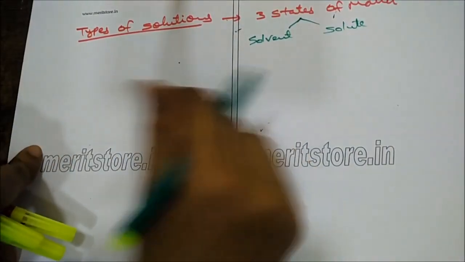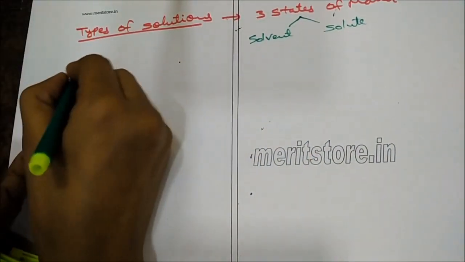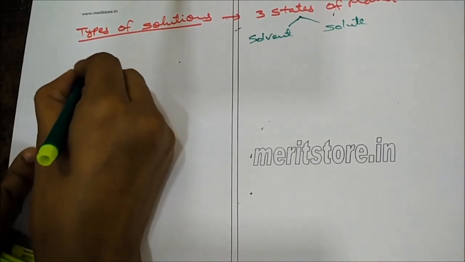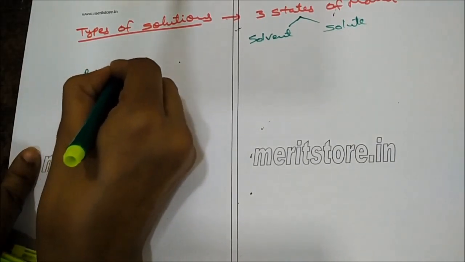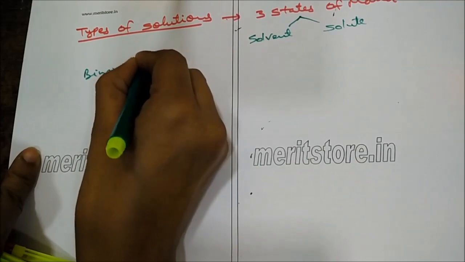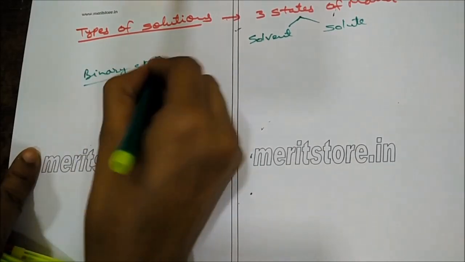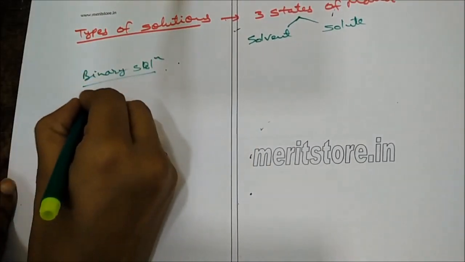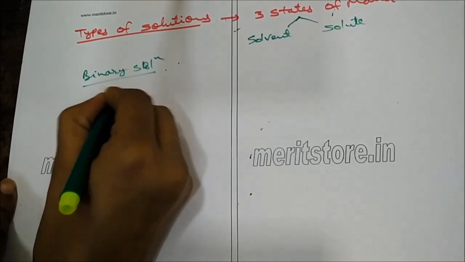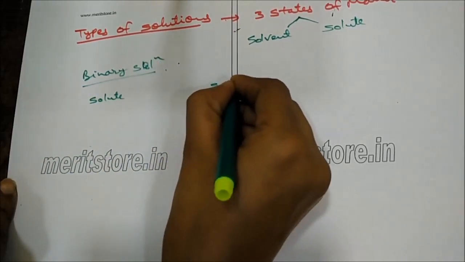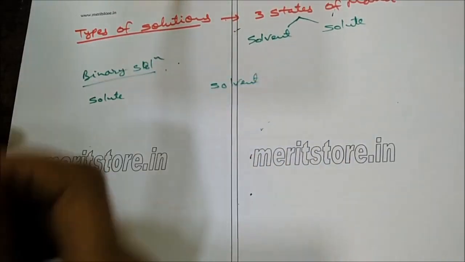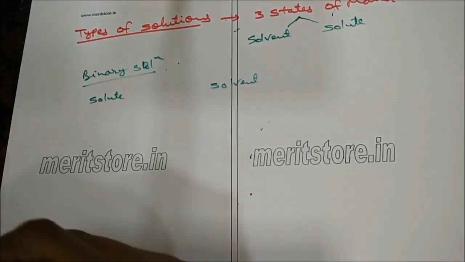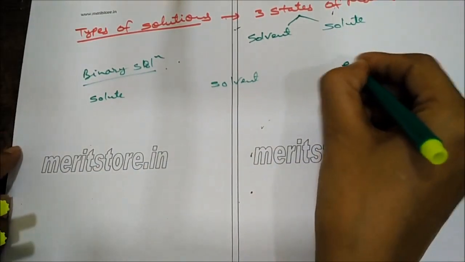So we can categorize these types of solution. This will be known as binary solutions. We'll write here solute and then solvent, and here example.